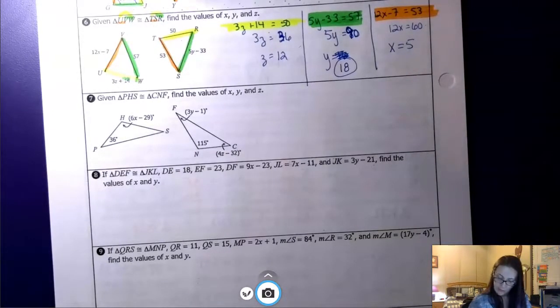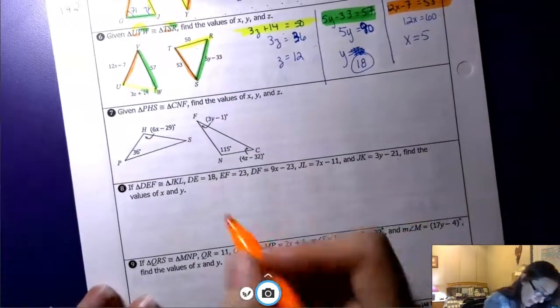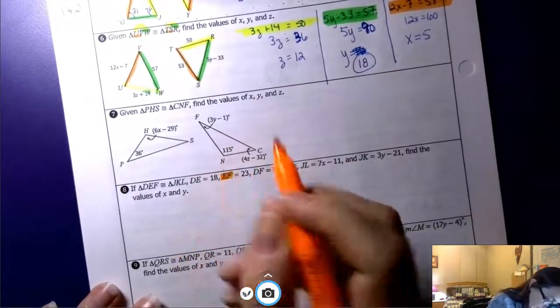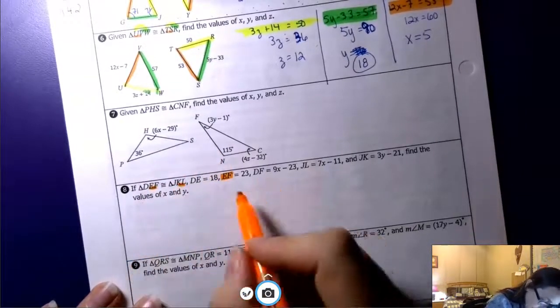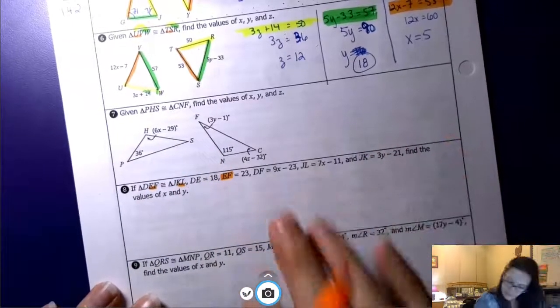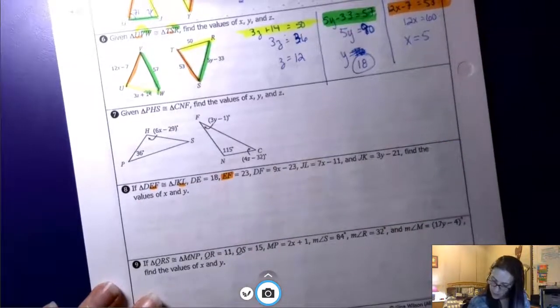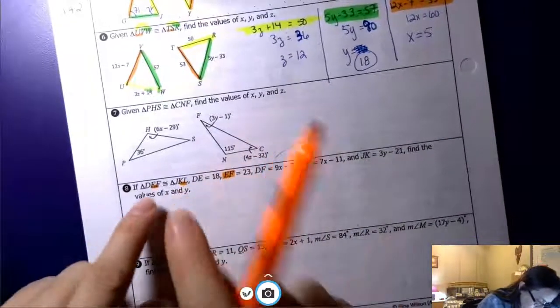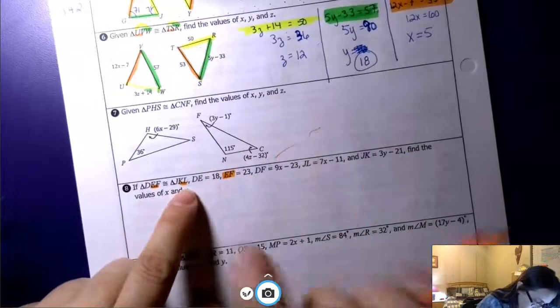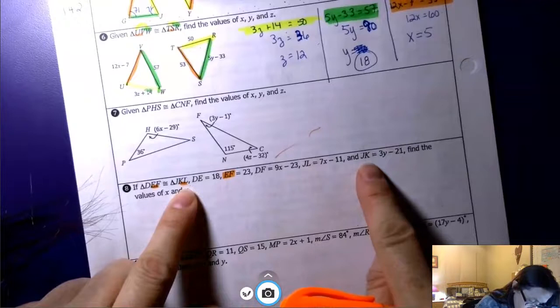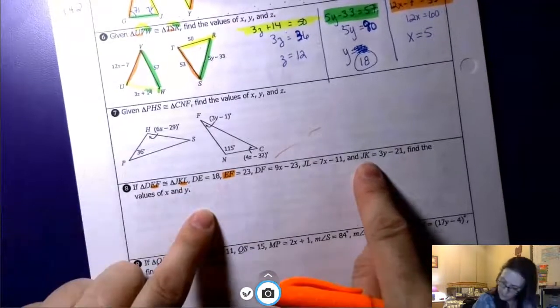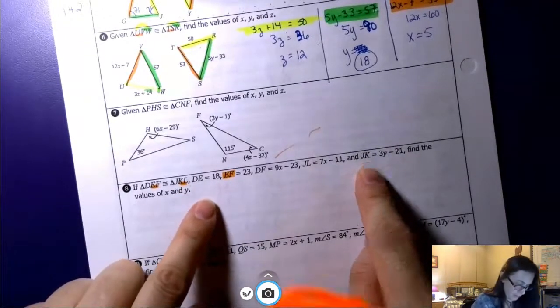I'm going to start with something like this. Let's say we have EF here. Here's EF. It has to match KL. EF, KL. I don't see a KL. Is that okay?